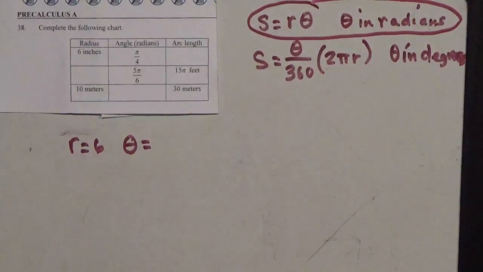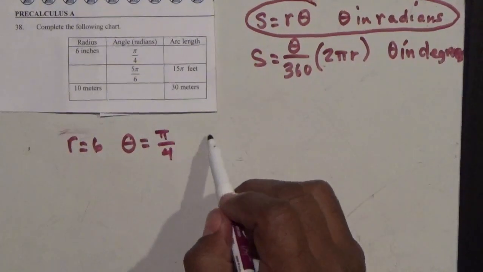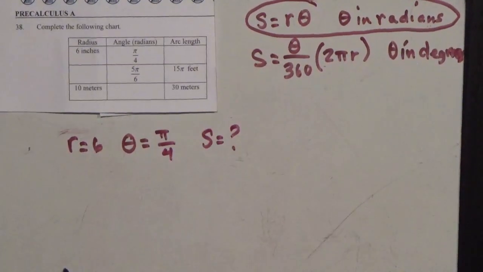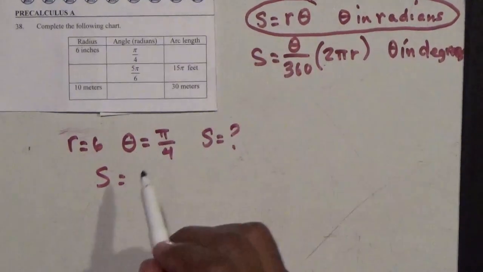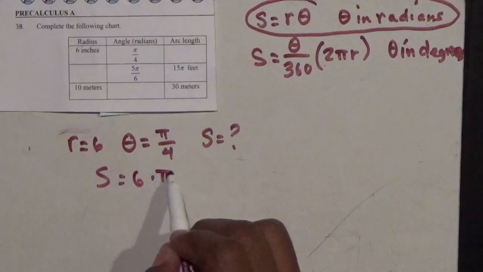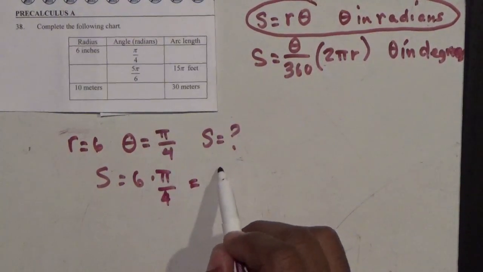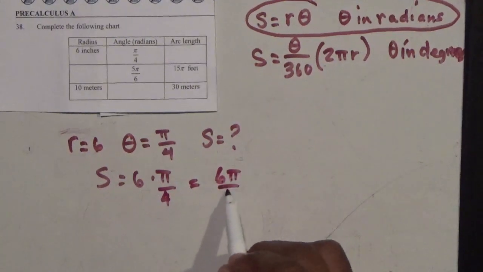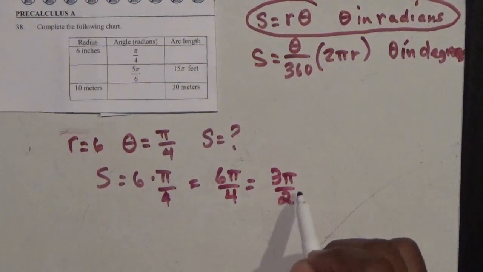It's pi over 4, and they're asking for S. So S is equal to R, 6, times theta in radians, pi over 4. That's going to be 6 pi over 4, which is equal to 3 pi over 2.